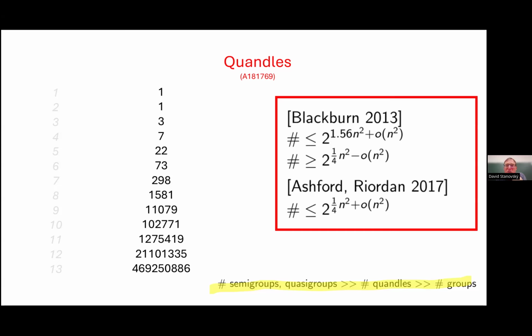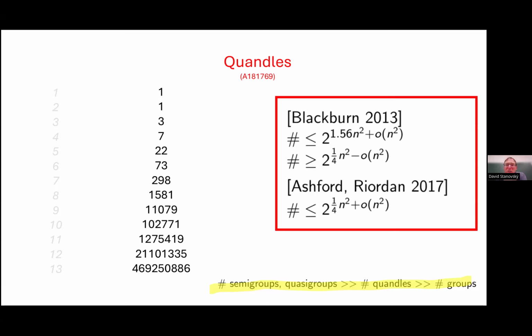Yeah, you can somehow trick the fact that translations are automorphisms, and I don't know, I cannot explain it without making pictures, but yeah, there's a combinatorial way to construct a lot of quandles with some trickery.